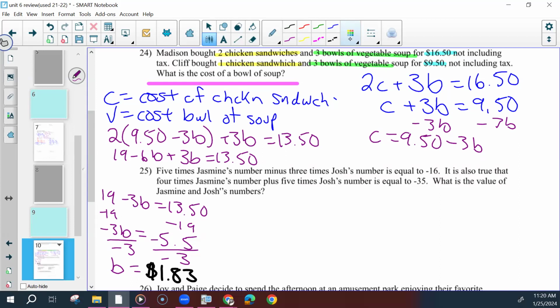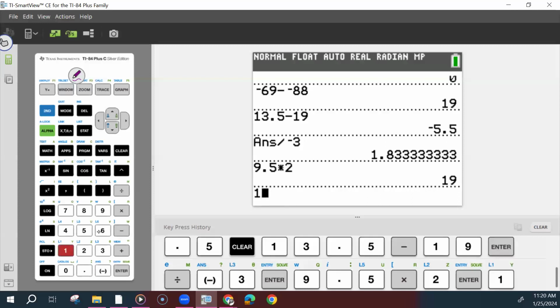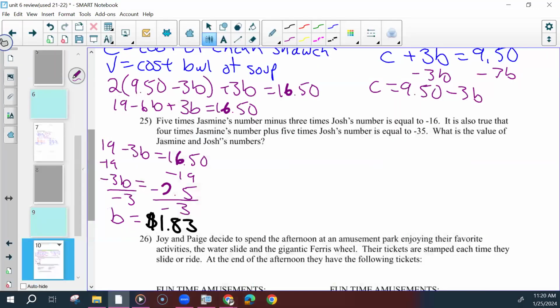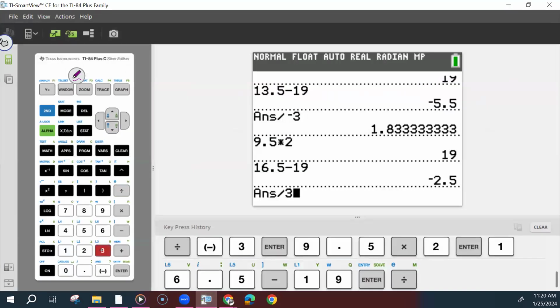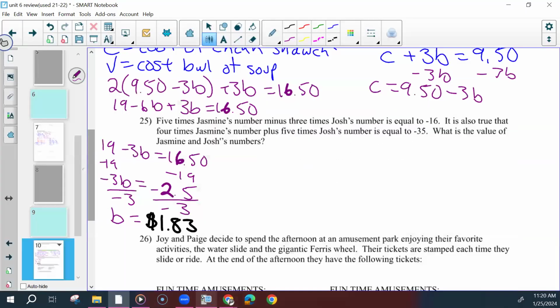We're not gonna fix that part, but yes, that should have been 16, not 13. And then I divided by negative, but it should be just 0.8. So 83 cents.